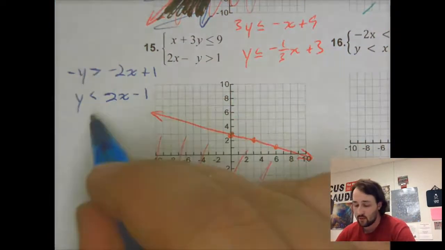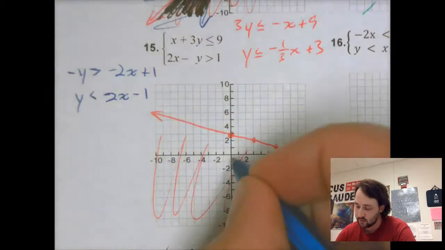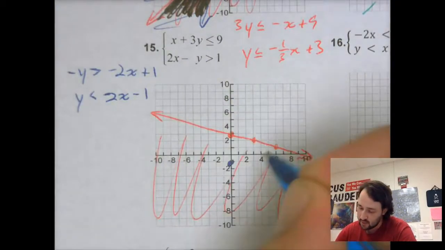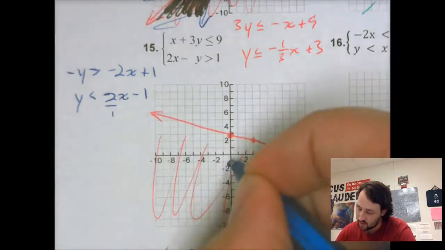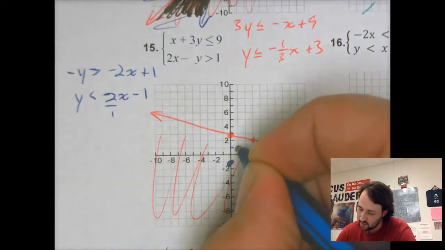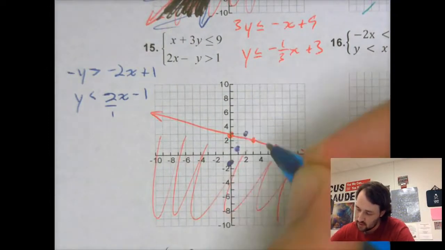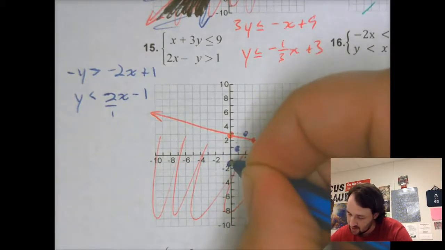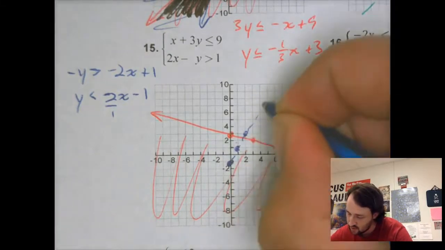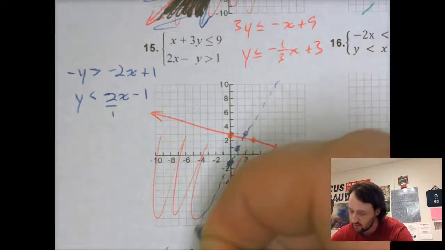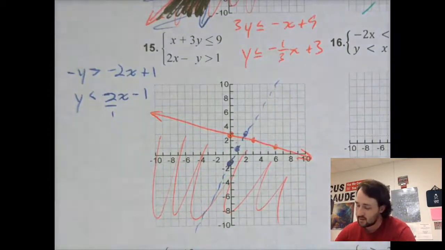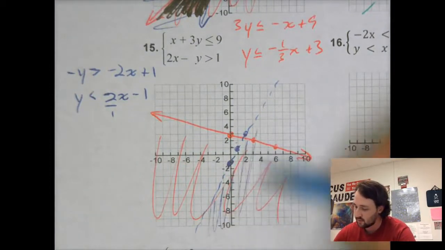So now I have y is less than 2x minus 1, so I'm crossing at -1. My slope is up 2 over 1, so 1, 2 over 1, 1, 2 over 1. And I am just less than, I'm not equal to, so I need to make that a dashed or dotted line, either way you call it. Less than, so I would be below the line.